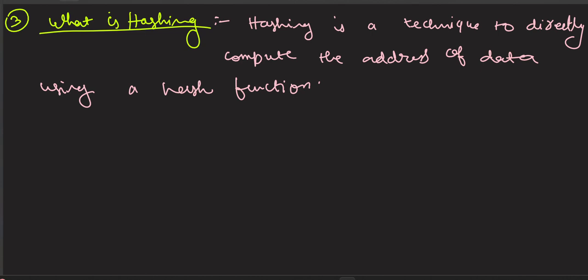Suppose for example, if roll number is equal to 105, and the hash function is h(x) = x mod 10. Let me write down the example. This is a little bit complex.